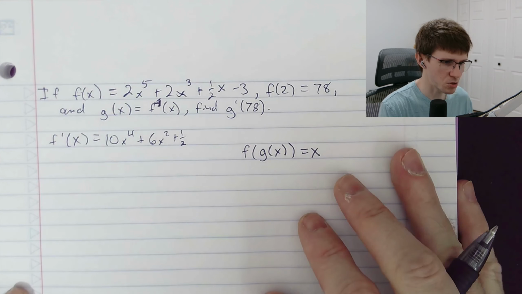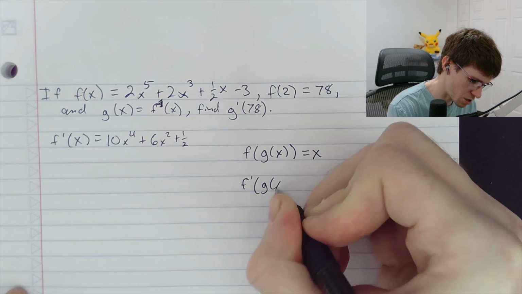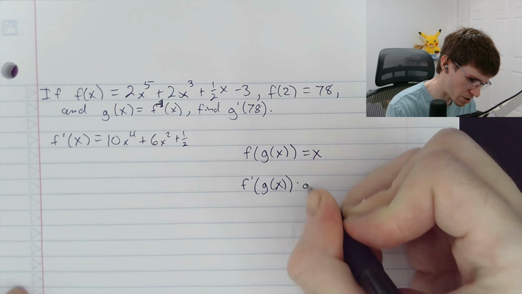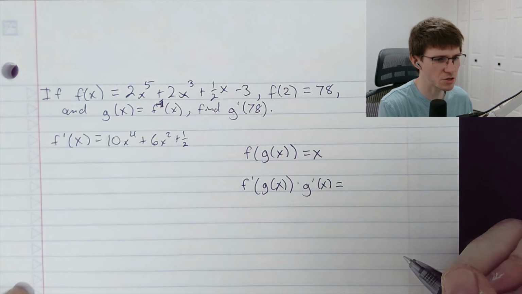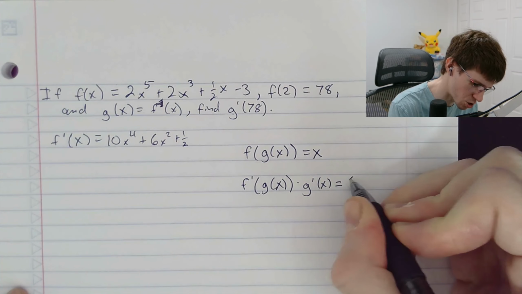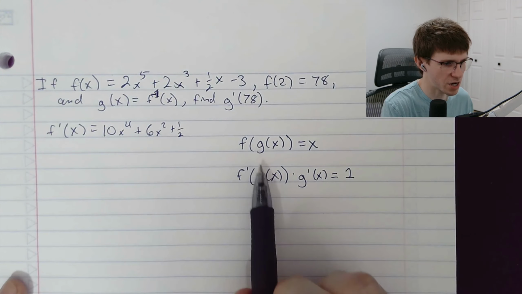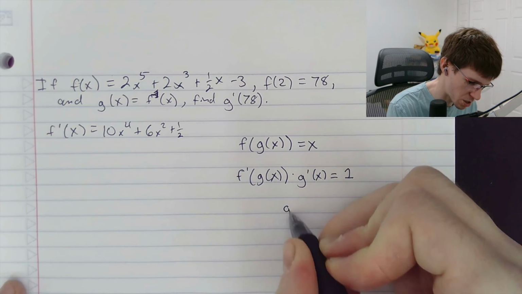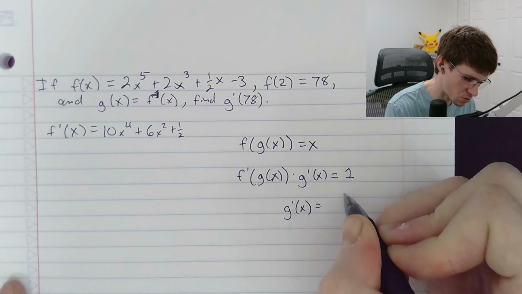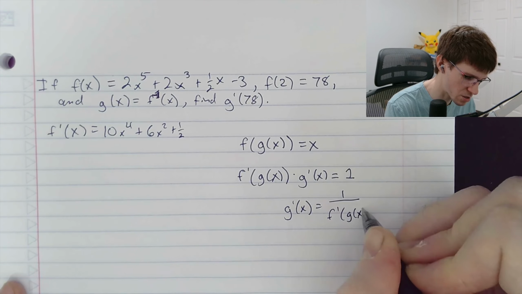We're now going to use our chain rule. We're going to get f prime of g of x multiplied by g prime of x. We have taken the derivative of the left-hand side, and the derivative of the right-hand side is just the value 1. And now we're going to divide by this thing so we can get g prime by itself. We can say that g prime of x is equal to 1 over f prime of g of x.